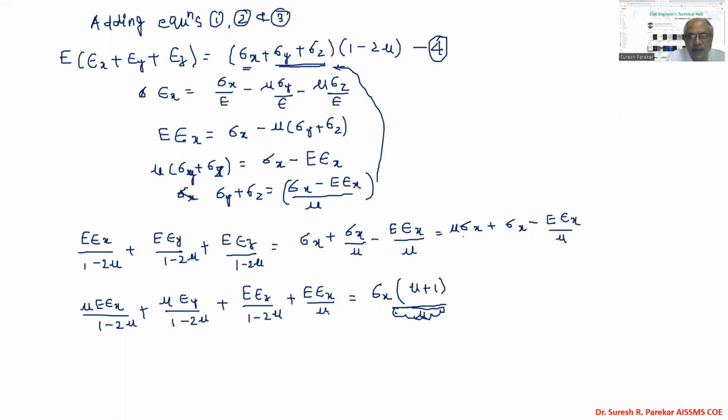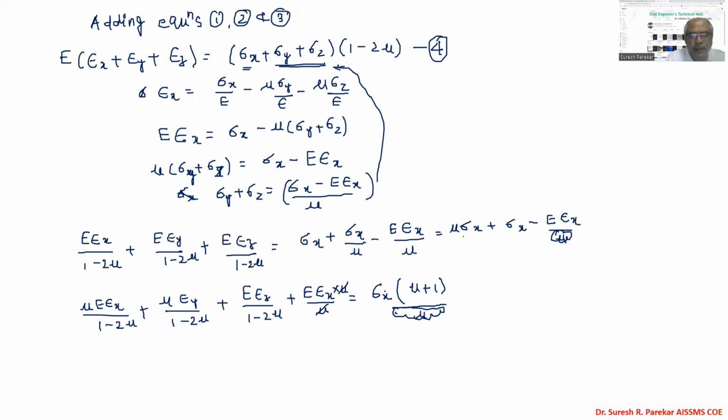Actually, we do not have mu here also, or we have to multiply here also by mu, and this mu gets cancelled. So we do not have mu over here. So I will directly take minus E epsilon x as plus E epsilon x on this side.